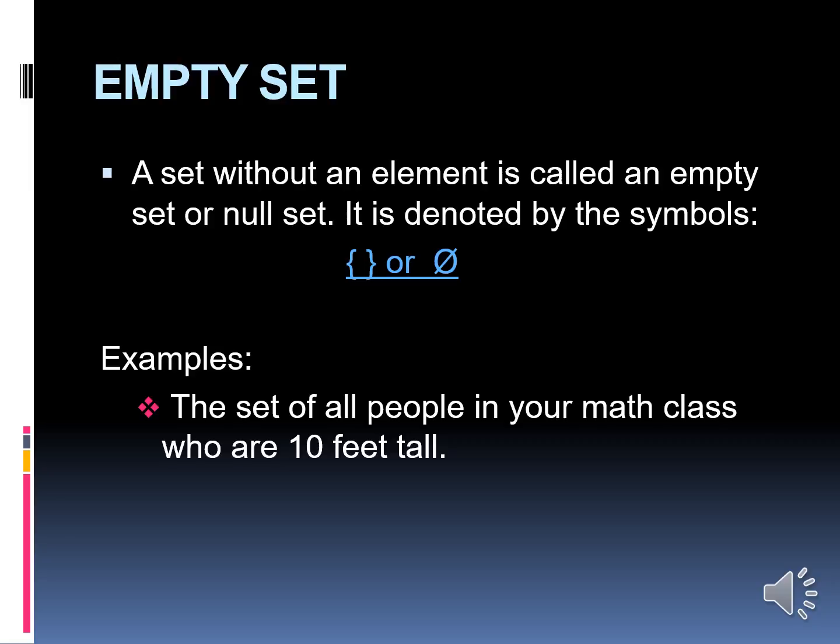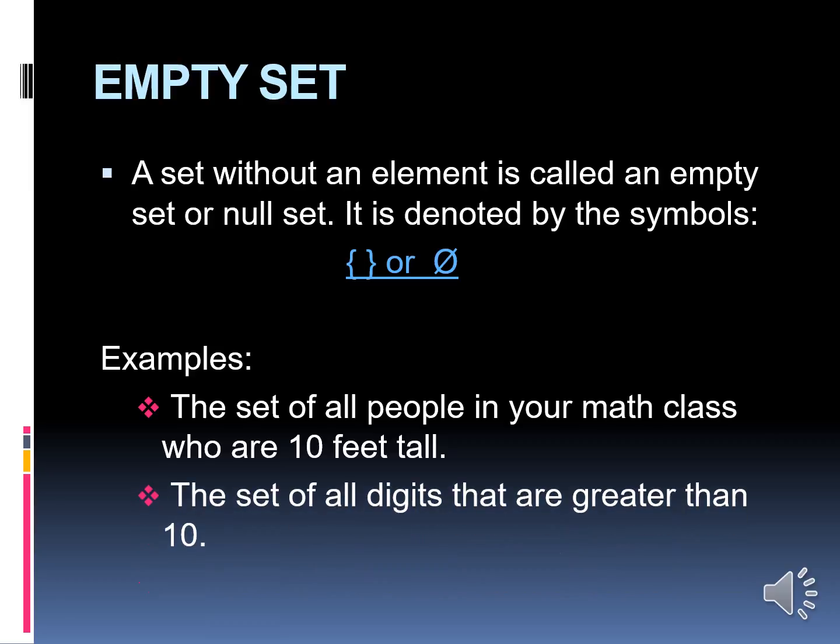Is there anyone in your math class who is 10 feet tall? No, right? Another example is the set of all digits that are greater than 10. So there is no digit greater than 10 because the digits are only 0, 1, 2, 3, 4, 5, 6, 7, 8, and 9.